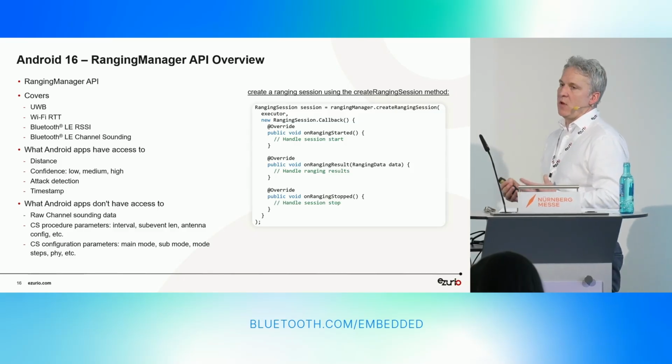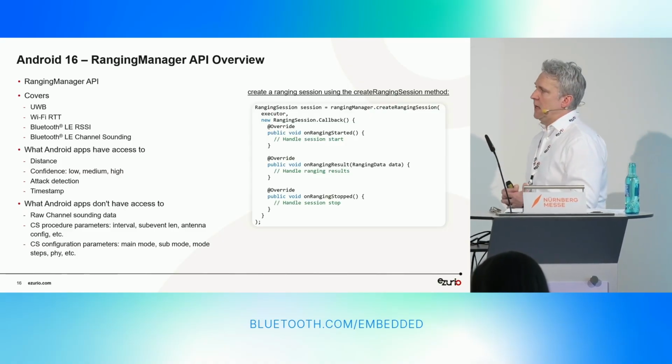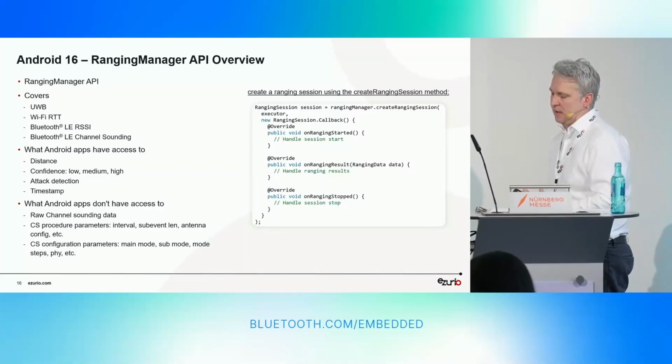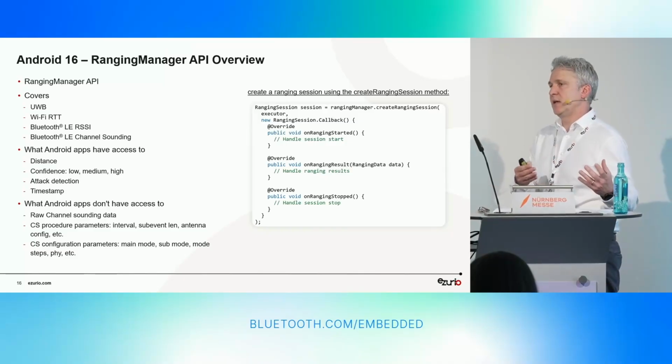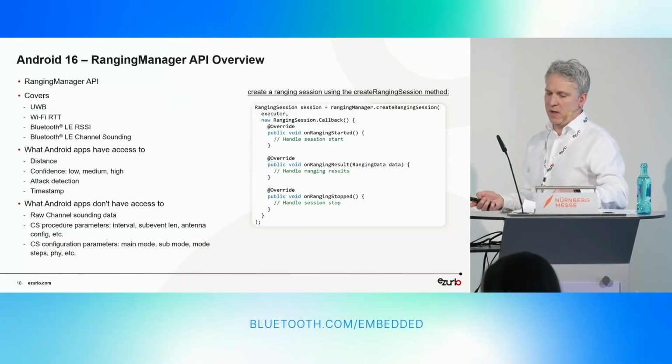What it doesn't give you access to, though, is actually the raw IQ data underneath. So everything else under the hood is not exposed to you through the Android apps. They can't see that. So really, it's a little abstracted from the raw radio data that we can see and that we showed you when we were talking about the Mars solution with the embedded dev kits.